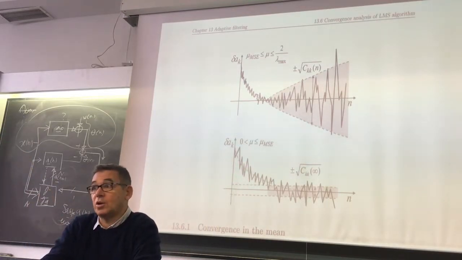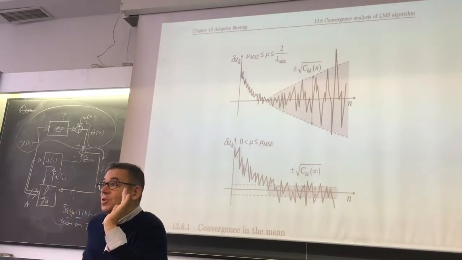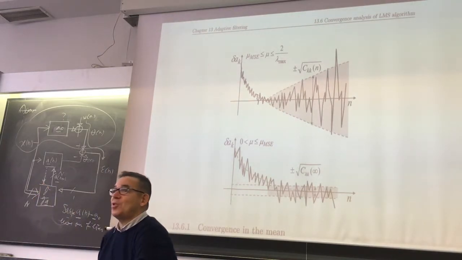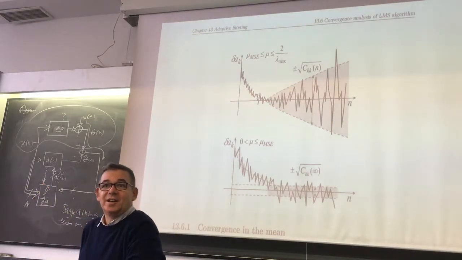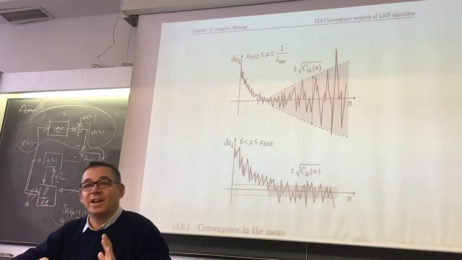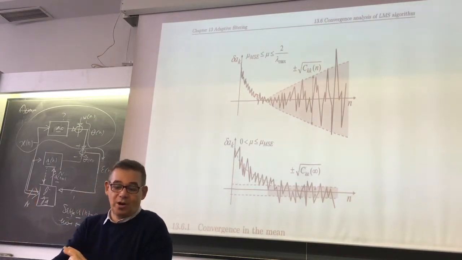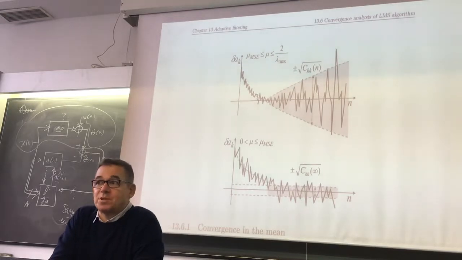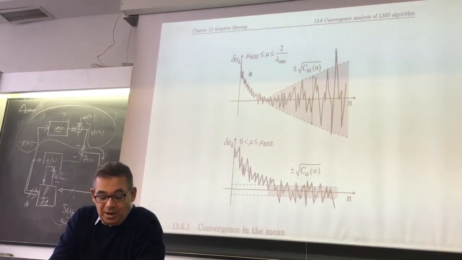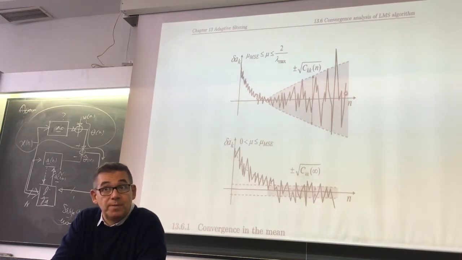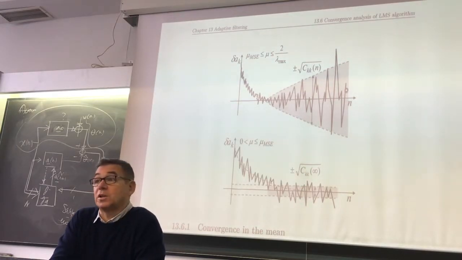In a random walk, in the mean you always stay there, but the variance is growing. If you take a random walk after a very big number of steps, you can be everywhere. So this is similar. Rather than staying here, which is what you expect, they start to diverge. So this is not what you want.